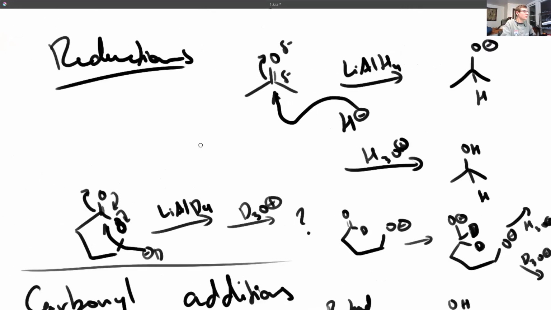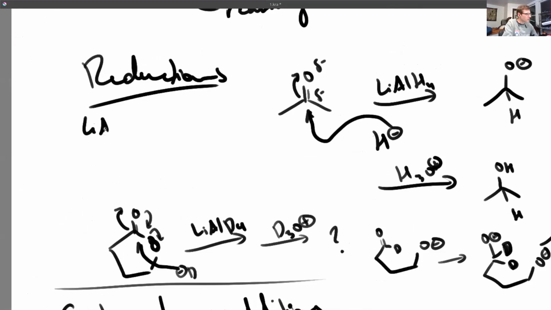Other cool stuff: I mentioned there's this lithium aluminum hydride. So this can reduce everything, which is worth keeping in mind. In particular, it can reduce an alkyl halide, meaning it basically acts like SN2, which is really weird and often overlooked.